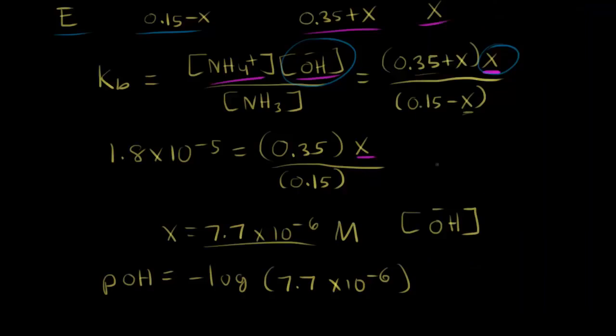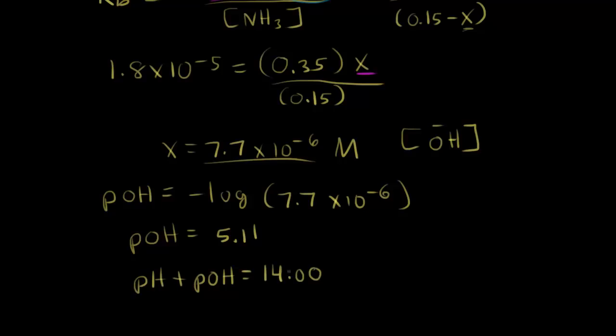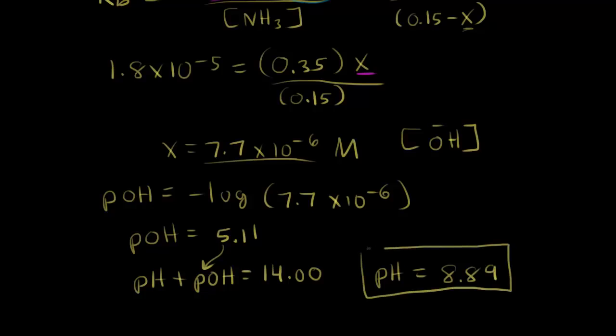So pOH is equal to 5.11. And then we're home free because pH plus pOH is equal to 14. So we just plug in our pOH, solve for the pH. pH is equal to 14 minus 5.11, which of course is equal to 8.89. And so we've calculated the final pH of our solution.